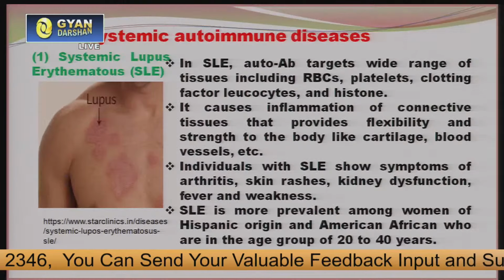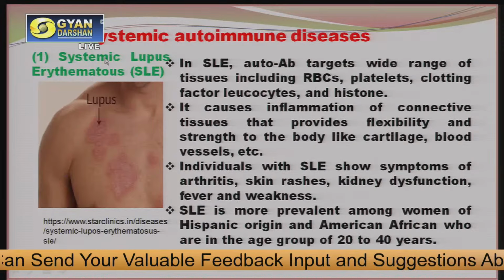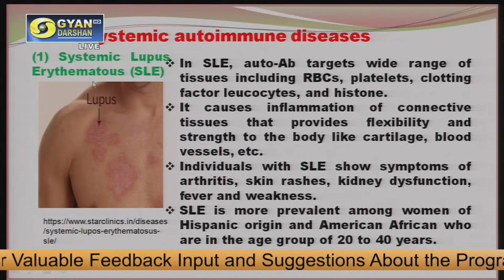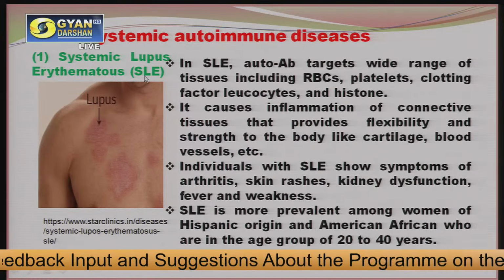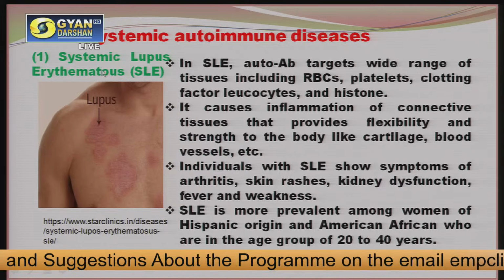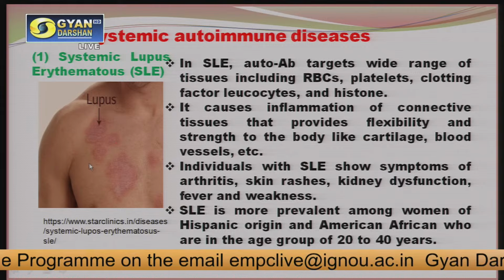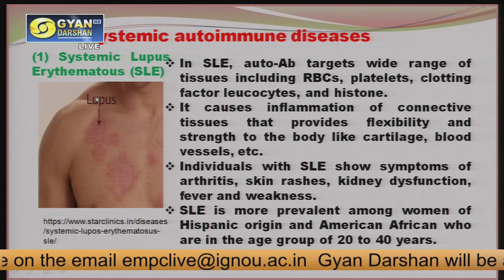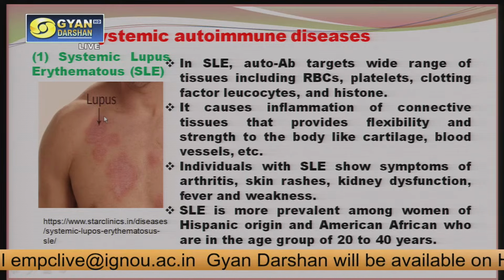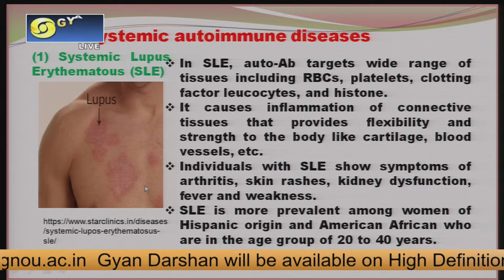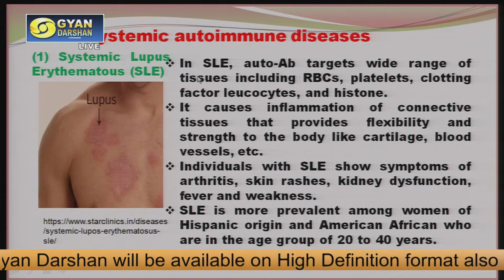Among the systemic autoimmune diseases, here is systemic lupus erythematosus, SLE, a very dangerous disease. Basically it is an autoimmune disease. You can see in this figure lupus will be generated on the surface of the body.